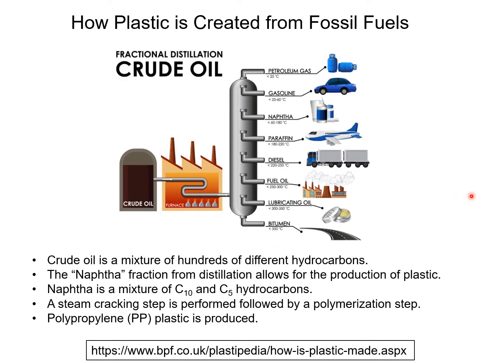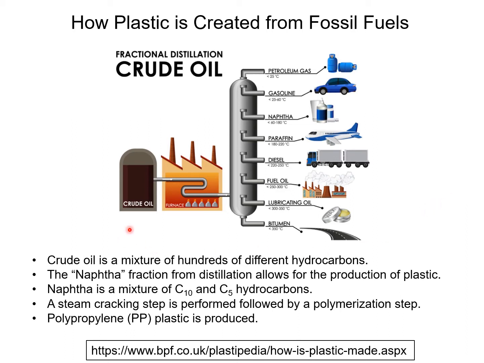From part 1 of plastic production, this is a figure showing how plastic is created from fossil fuels. Now, the kinds of plastic that are being made from fossil fuels are kinds like polypropylene. And this isn't the same process used to make the green plastic that's out there nowadays, but most of the plastic that is out there originates from crude oil.